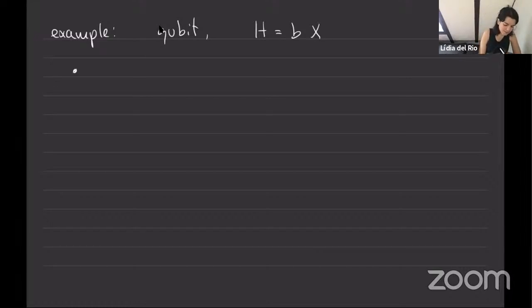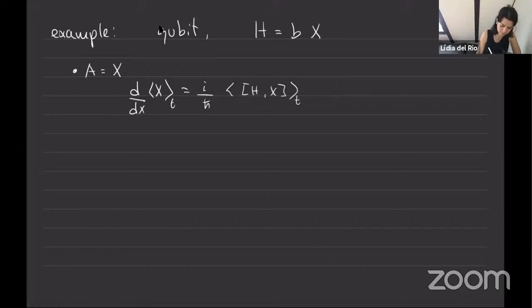And let's look first at A being the Pauli X observable. Okay, we want to know how the Pauli X evolves in time. And this one is very simple because, well, we just do it. So this is going to be i over h bar times the commutator of H and X. But what's HX?